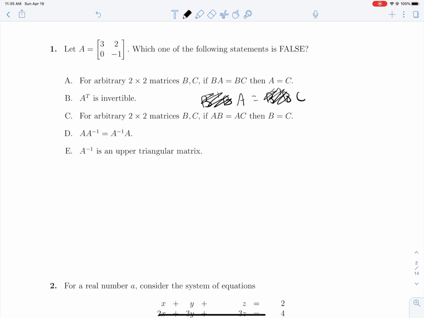We can't guess anything about them other than that they're 2 by 2. So this cannot be true.